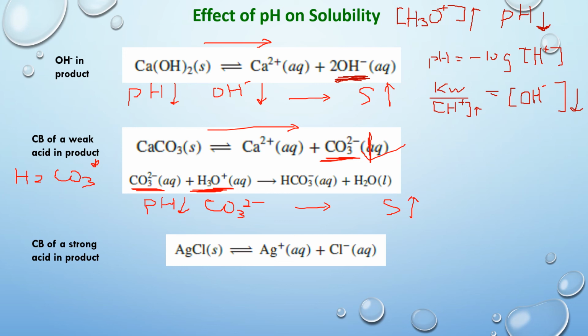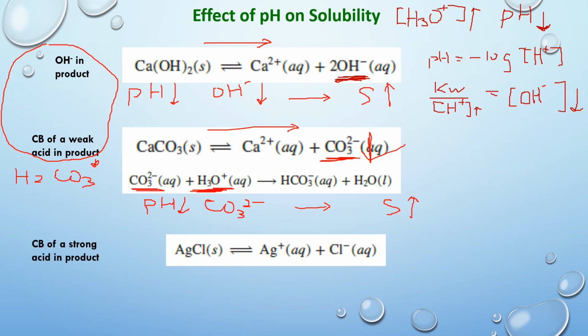The first one and the second one have something in common. Hydroxide you can consider as the conjugate base of water; water is both a weak acid and a weak base. So we can say that if an ionic compound contains the conjugate base, or the anion, of a weak acid, it will be affected by the pH in a way that increasing the proton concentration, or decreasing the pH, will increase the solubility of the compound.